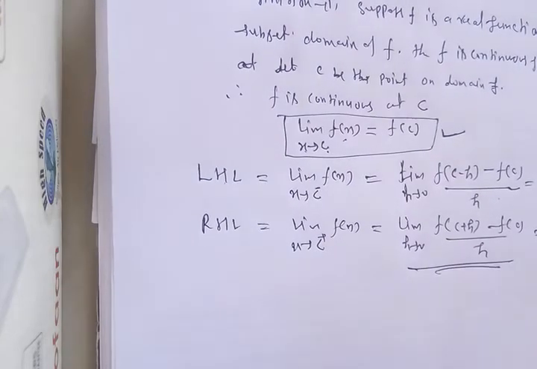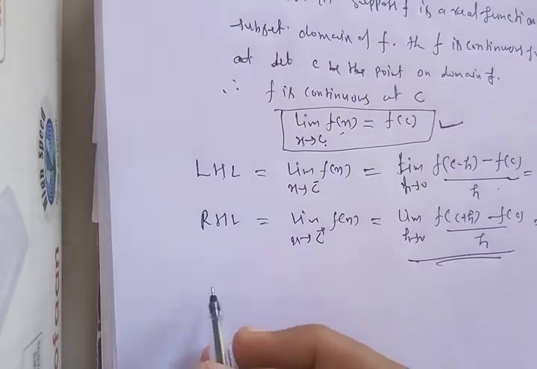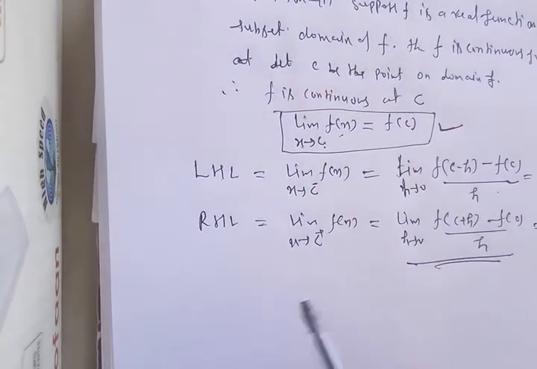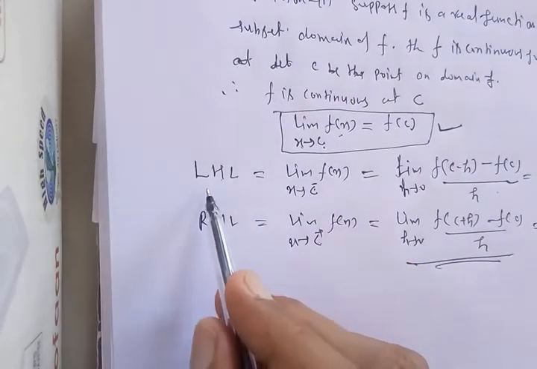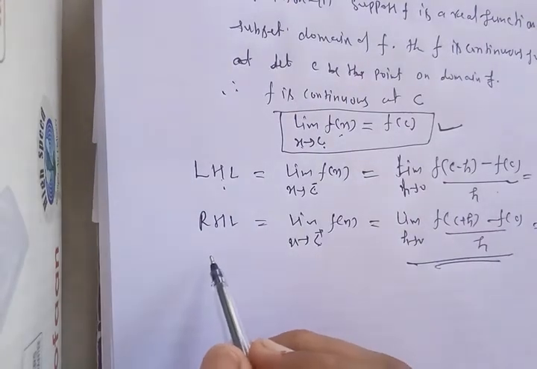Here the left hand limit and right hand limit are used. Negative means left hand limit, and positive means RHL, right hand limit.